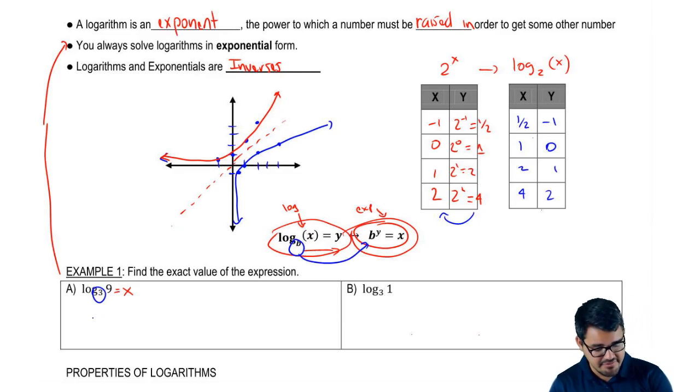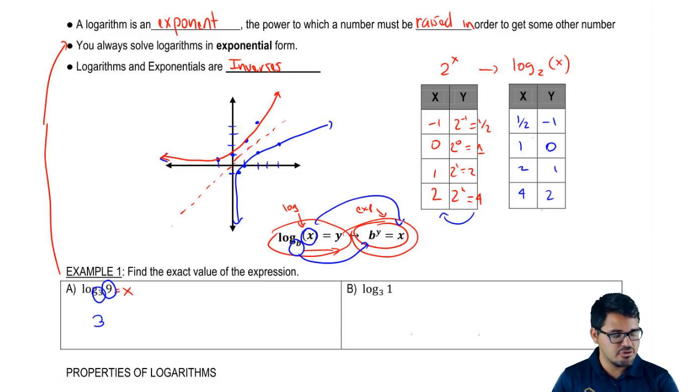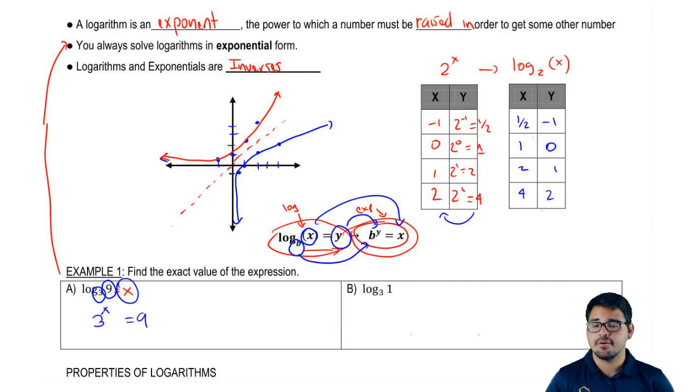So we're going to have 3 right here as our b. Then we have a 9 here, which is our x, and the x, when we turn it into exponential, goes on the other side of the equal sign. And last, we have our x here, which is actually going to be our y, and our y goes as our exponent in the exponential form. So it's going to come up here.